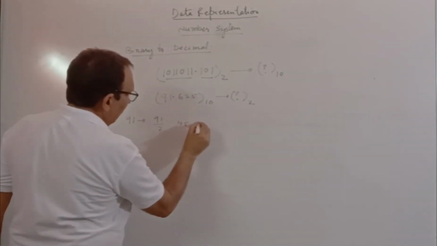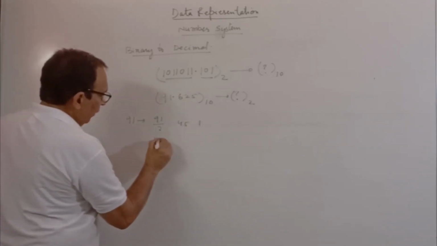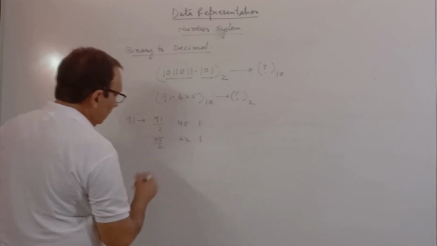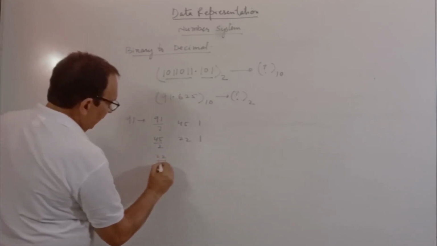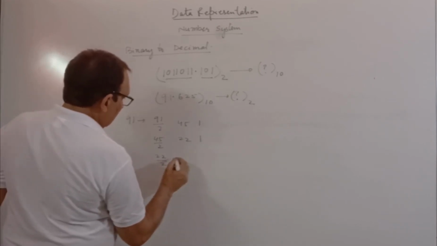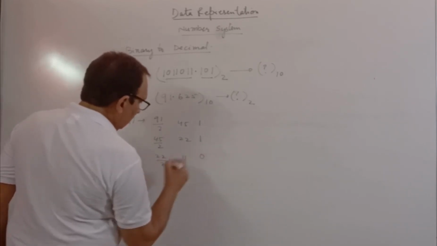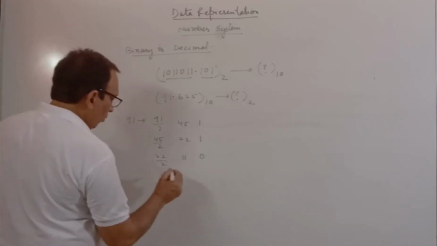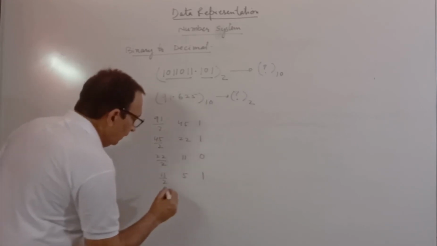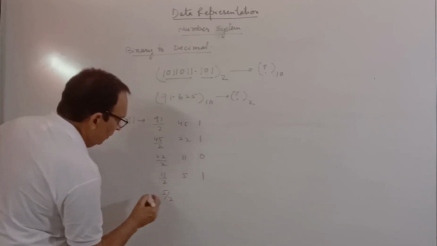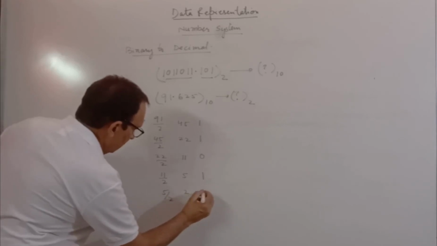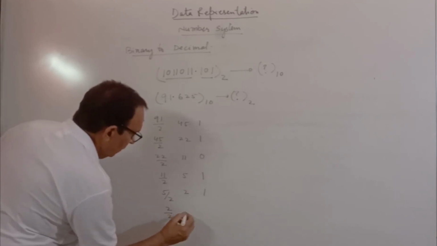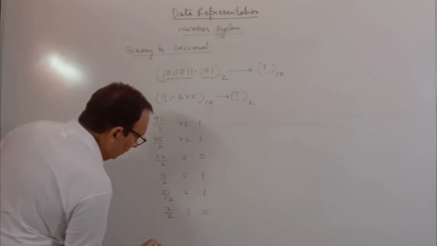Quotient comes 45, remainder is 1. 45 divided by 2, quotient comes 22, remainder is 1. 22 divided by 2, quotient is 11, remainder is 0. 11 divided by 2, quotient is 5, remainder is 1. 5 divided by 2, the quotient is 2, remainder is 1. 2 divided by 2, quotient is 1, remainder is 0.